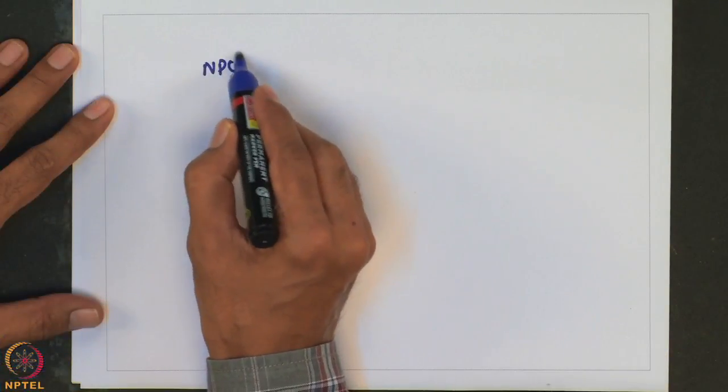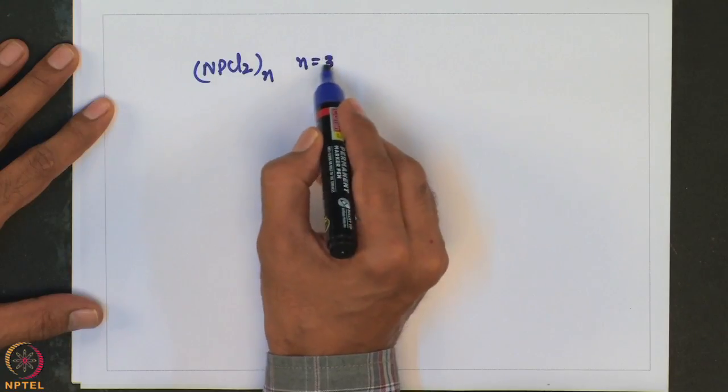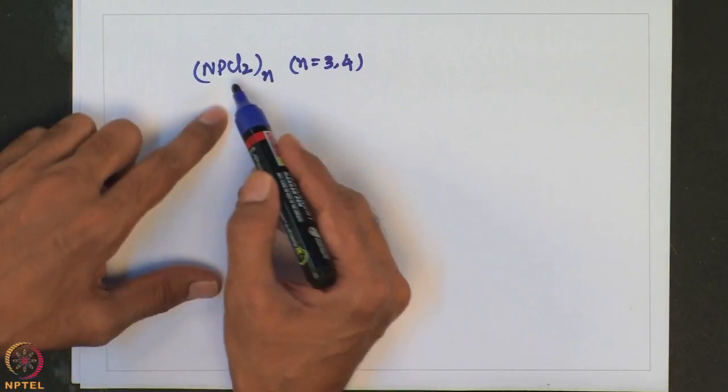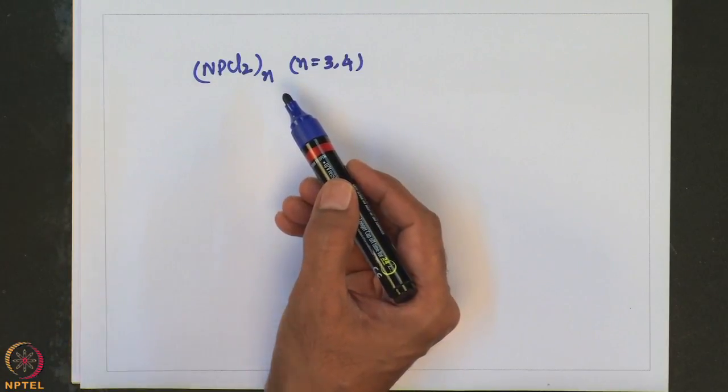The chlorine atoms of these trimers and tetramers readily undergo nucleophilic substitution. As I had mentioned, you can introduce a variety of groups here. For example, if we take (NPCl2)n, where n equals 3 or 4, we can replace Cl by performing nucleophilic substitution reactions.